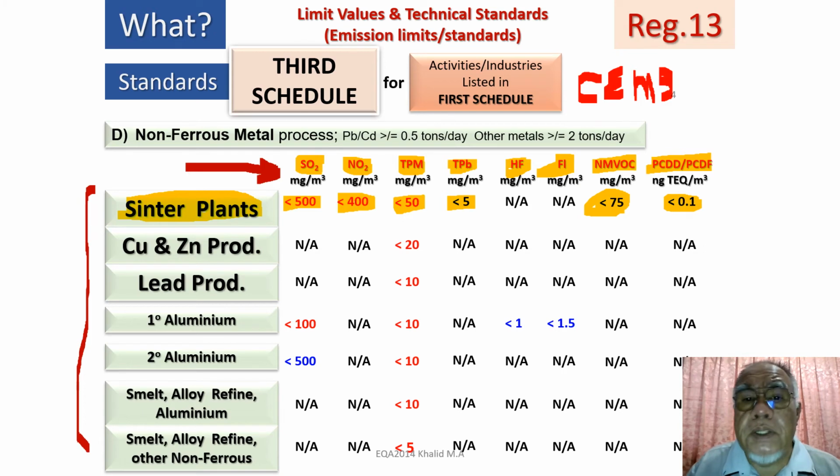So the parameters, if you look at it carefully, cover what is covered in the fourth schedule, which is dioxin and furan. So why don't they have to look into the fourth schedule? It's all here. And also hazardous substances in the fifth schedule, which is volatile organic carbon. There's an array of volatile organic carbon.